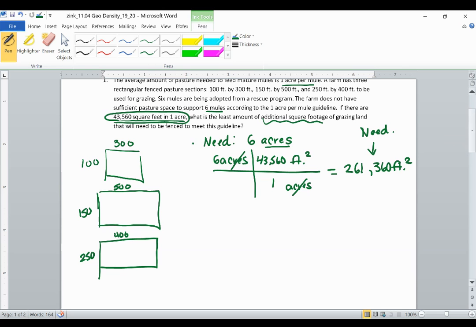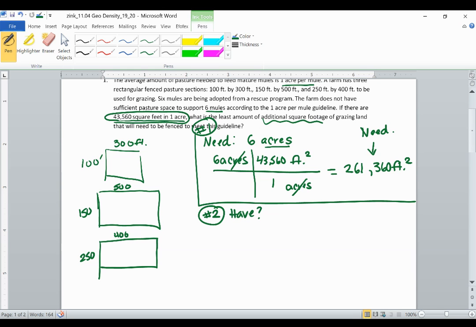So now we need to figure out what we have. Okay, so this was the first part. We figured out how much we need. Now we need to figure out how much we have. So each of these is in feet, right?